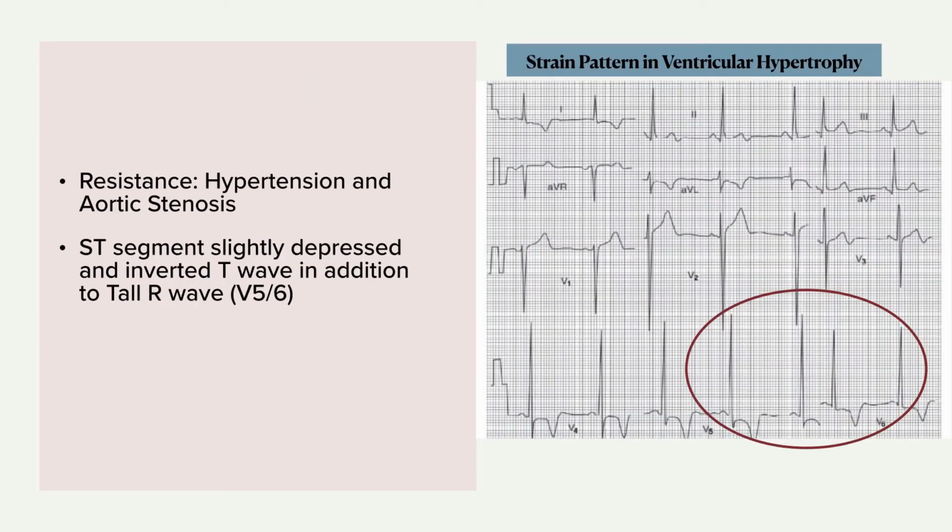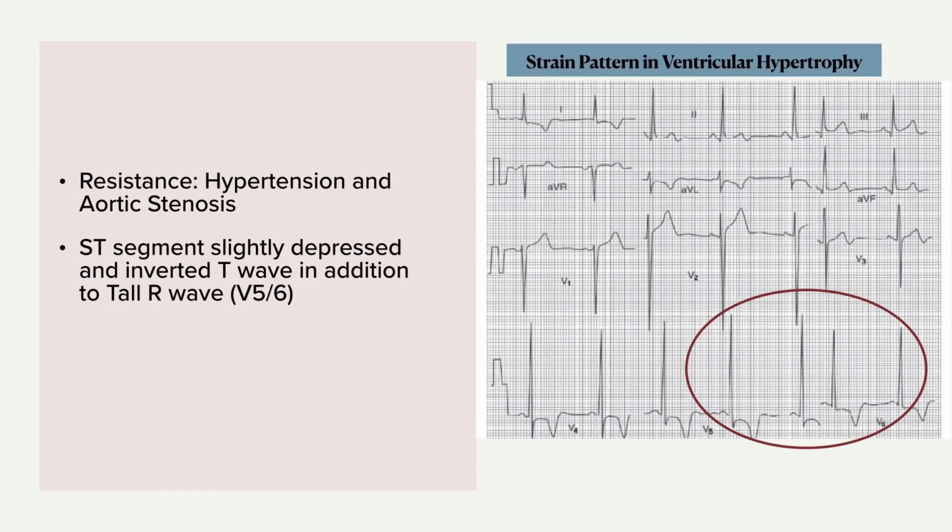Strain pattern in ventricular hypertrophy. When the left ventricle has to work against resistance, as in hypertension or aortic stenosis, there will be hypertrophy of its muscle, which is seen in lead V5 and V6 as a strain pattern. That is, the ST segment is slightly depressed and the T wave is inverted in addition to tall R waves.